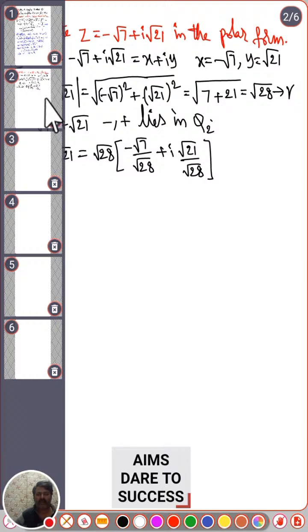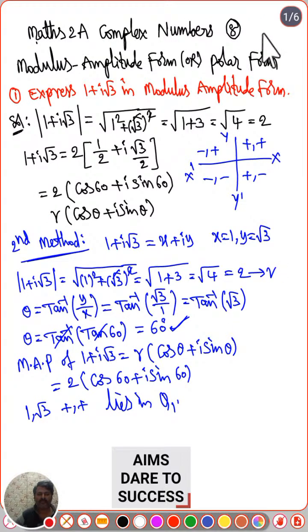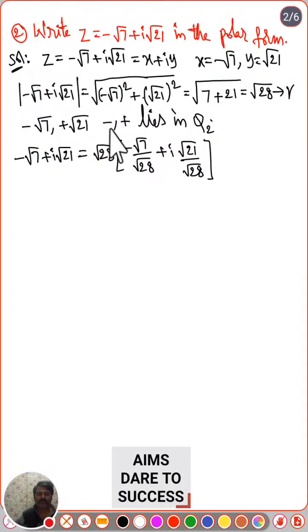Okay, I am continuing this method. So root 28 will be the same, into minus root 7 divided by, root 28 can be written as root 7 times 4, since 7 fours are 28, split it as root 7 into root 4.